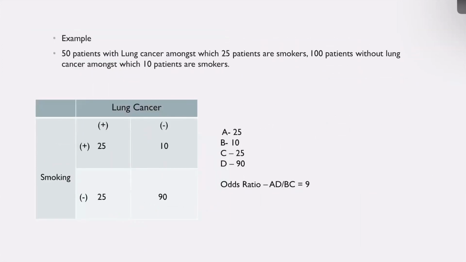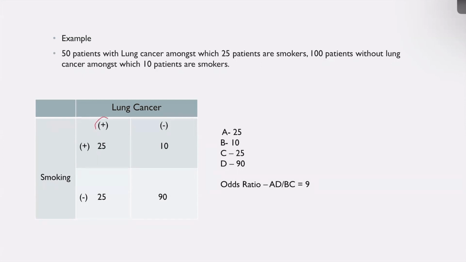So here we have an example. I want all of you to make a 2 by 2 table along with me so that you have a better grasp of this. So let's just read the question first. There are 50 patients with lung cancer, amongst whom 25 are smokers. Okay, so we know that 50 patients who have lung cancer are included in the study.